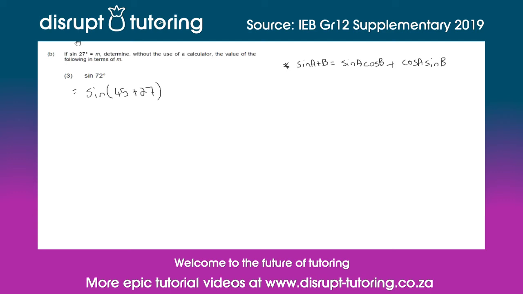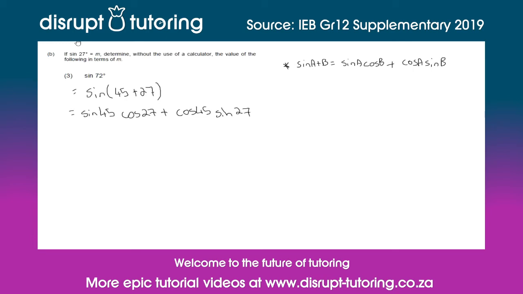So using that formula, we know that this will equal sine 45, which is a special angle, cos 27, plus cos 45, sine 27.